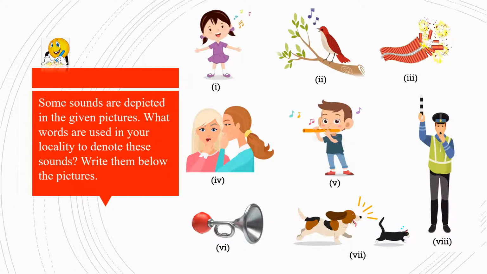Some sounds are depicted in the given pictures. Now, what words are used in your locality to denote these sounds? Write them below the pictures. Students, here are 8 pictures. According to the locality, the name of the sound used for picture 1 is singing.